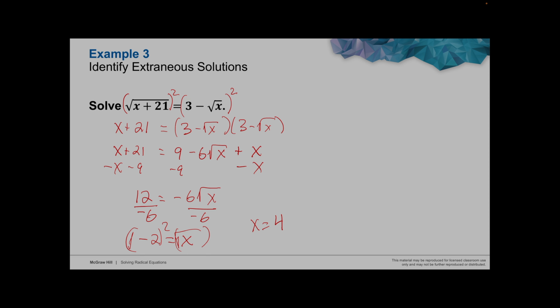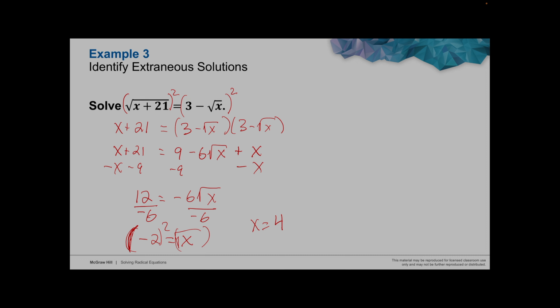So 4 plus 21 is 25. Square root of 25 is 5. 3 minus the square root of 4 is 2. 3 minus 2 is that? Do these equal the same? Is that a solution? No, it's not a solution. Okay, so it's an extraneous solution.